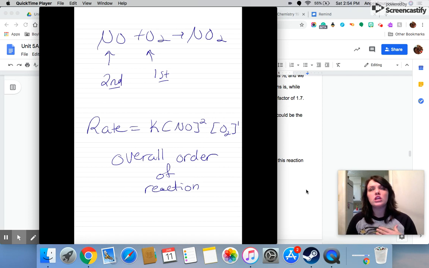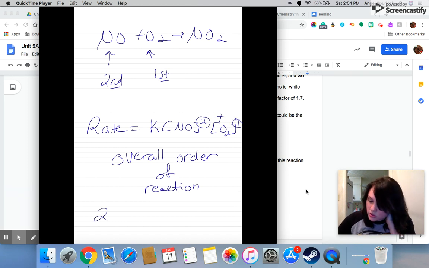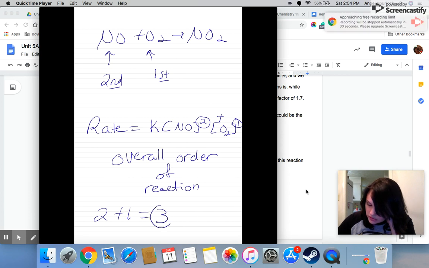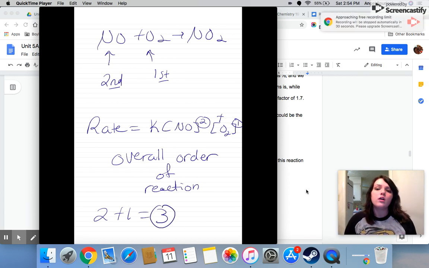So if we were to change something, how sensitive is our rate to that change? All you do for the overall order of a reaction is you just add your individual ones up. So in this case, 2 plus 1 is equal to 3. This is the overall order of the reaction.